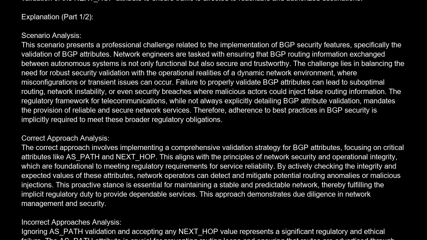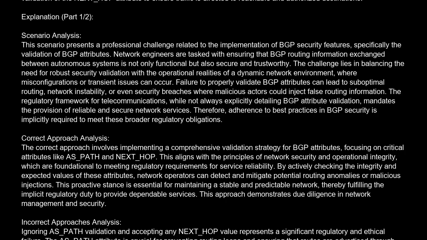Correct approach analysis. The correct approach involves implementing a comprehensive validation strategy for BGP attributes, focusing on critical attributes like AS path and next hop. This aligns with the principles of network security and operational integrity, which are foundational to meeting regulatory requirements for service reliability.